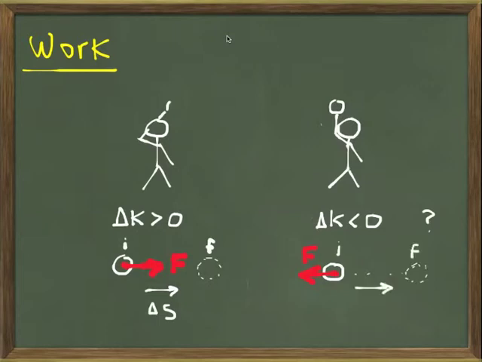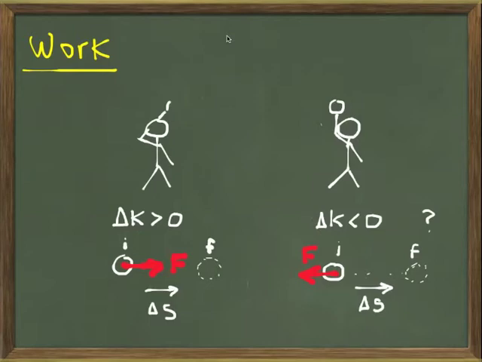Your force is going to have to be to the left to make sure that the initial velocity goes down to 0. So in the second case, your force and your displacement vector are opposite in direction. In the first case, force and displacement are in the same direction. In the second case, they're opposite. So that accounts for the difference in the outcome.